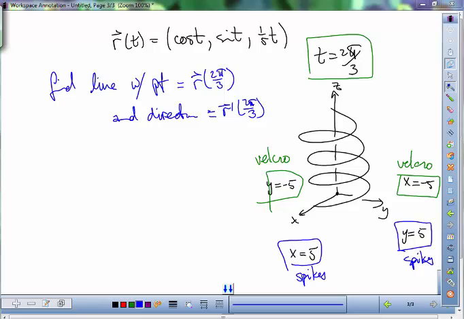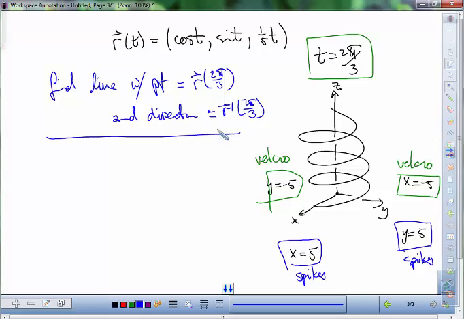All right, let's figure it out. So we'll find the equation of the line. We'll find the direction and point, find the equation of the line, and then we'll do some figuring out which direction this is going. So at 2 pi over 3, we need to find our point. Our point is when we put 2 pi over 3 into the cosine and sine.